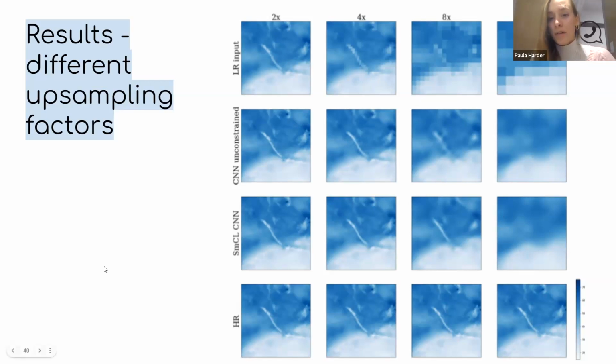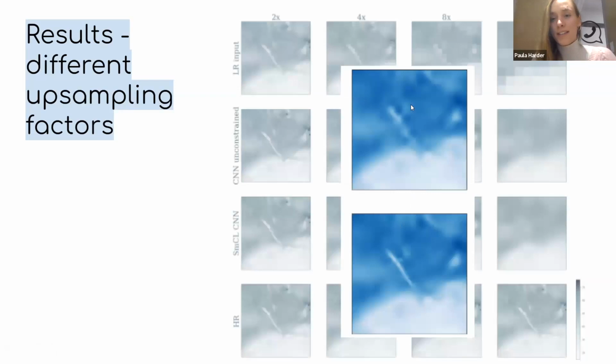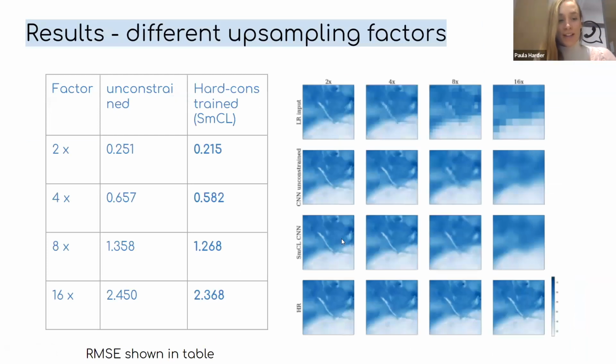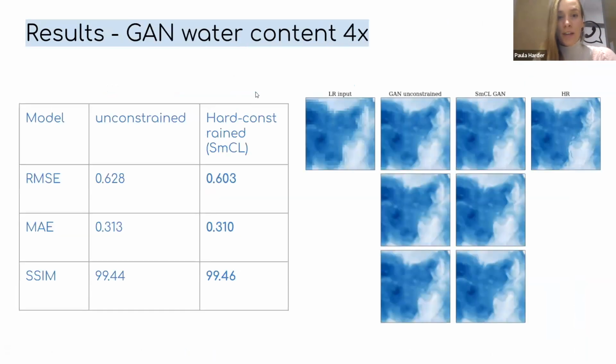But for example, at 8 times, the unconstrained one struggles to get this diagonal structure, whereas with the constrained one, we can replicate it nicely. This again reflects in the root mean squared error and also other scores. We looked at that, and the hard constraining actually improves the predictive performance.